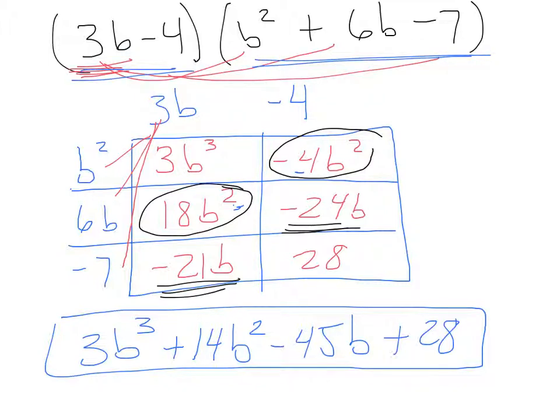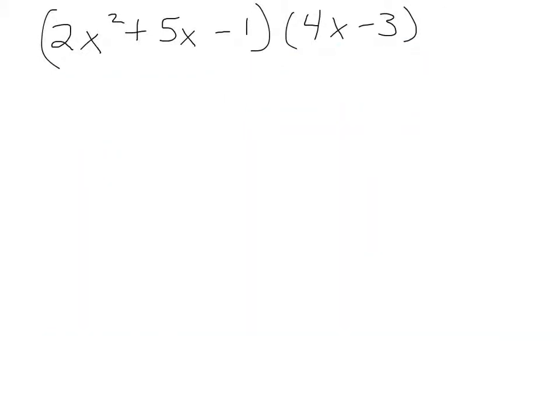Pretty crazy stuff. I'll walk you through one more. Here's another product, seemingly intimidating, but let's see what's really going on. You can arrange these in either way because the commutative property tells us that a times b is the same as b times a. So whatever you feel most comfortable writing first, you can do that. Either way you slice it, you're going to take the 2x squared and multiply here, and then take the 2x squared and multiply there.